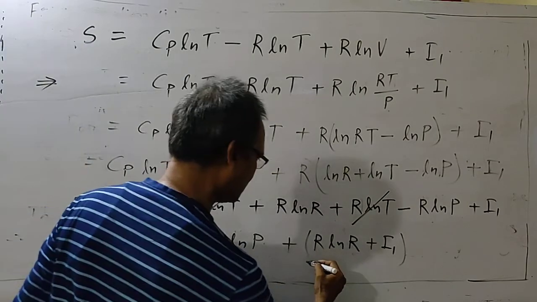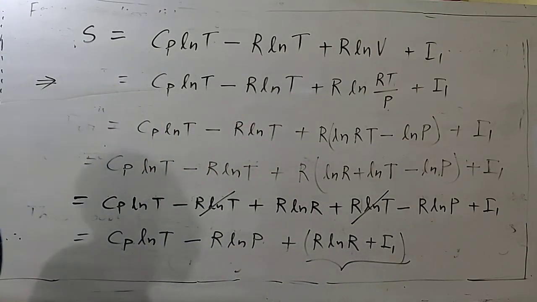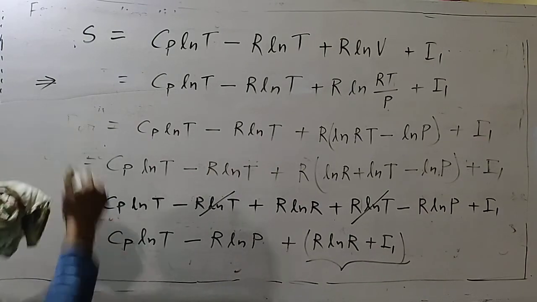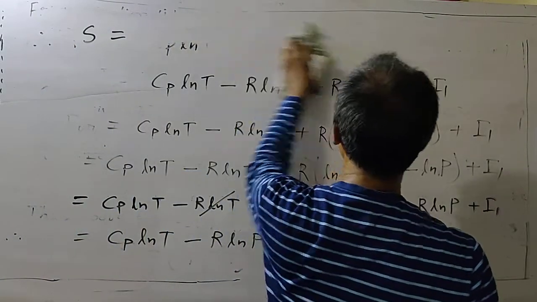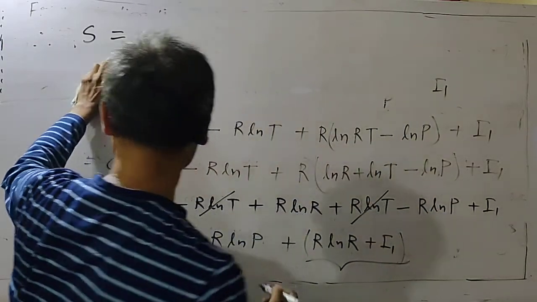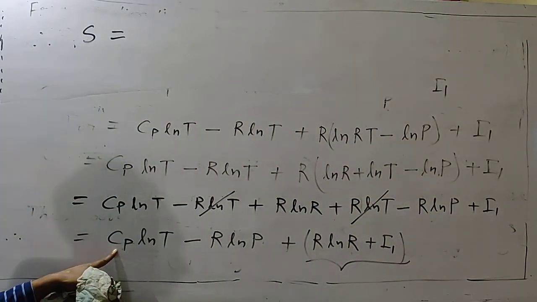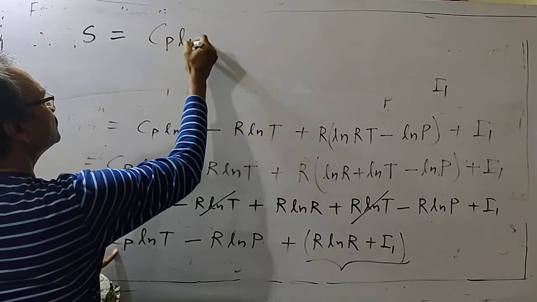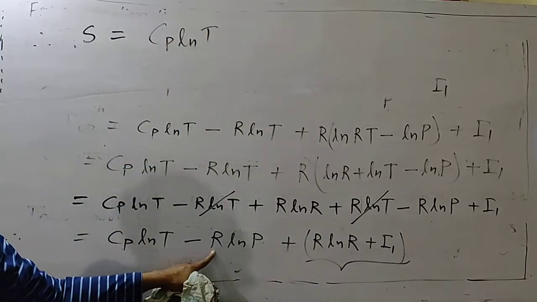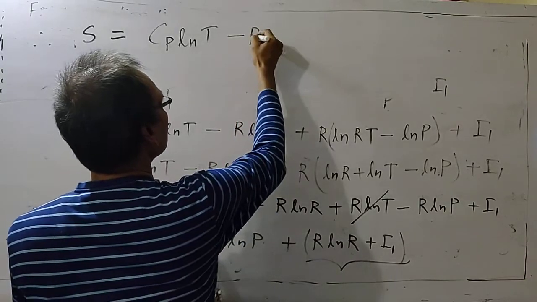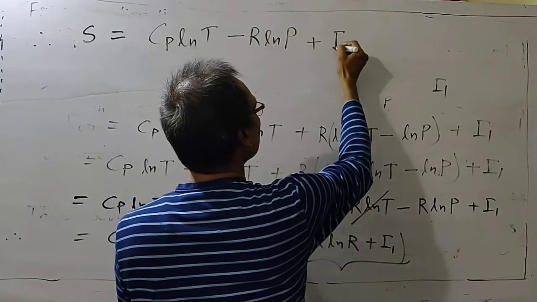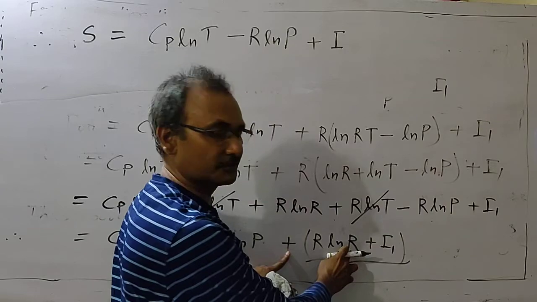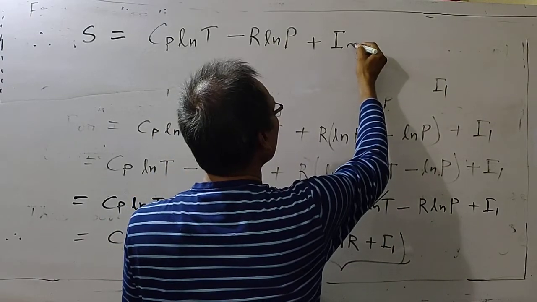This is another constant. Therefore, S equal to Cp ln T minus R ln P plus, say, R ln R plus I1 equal to I2.